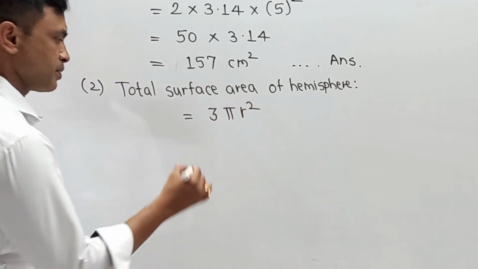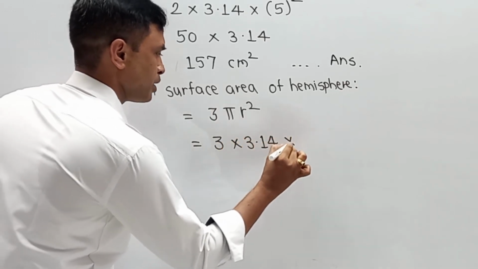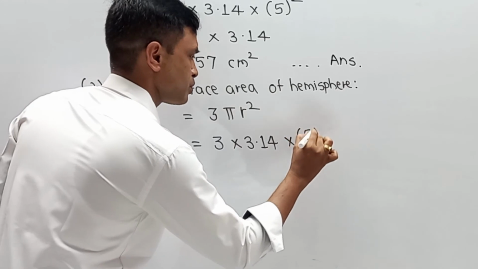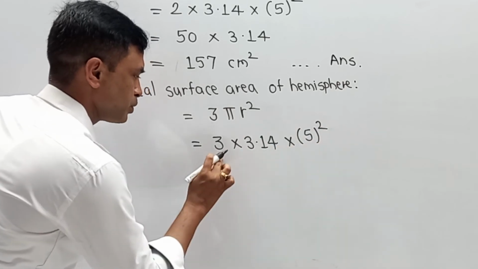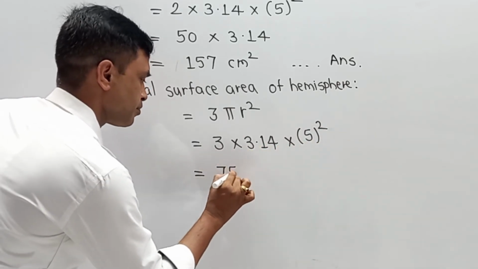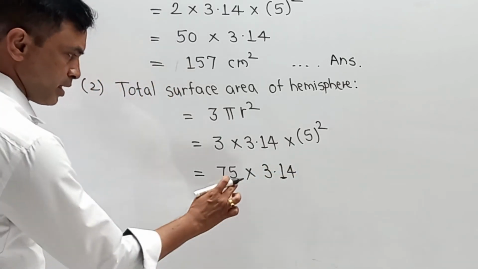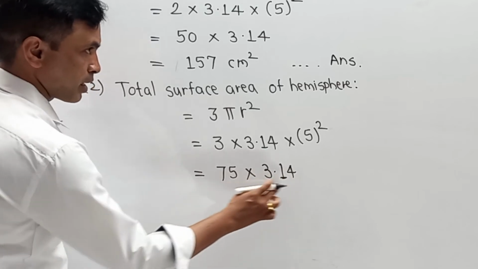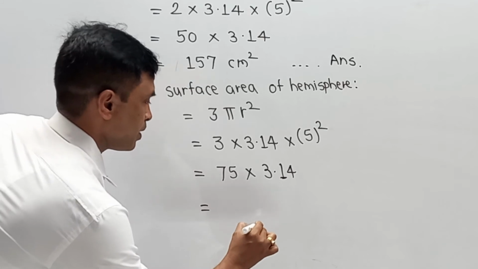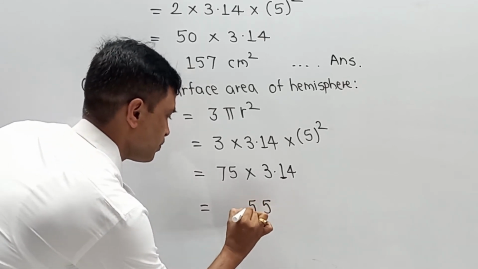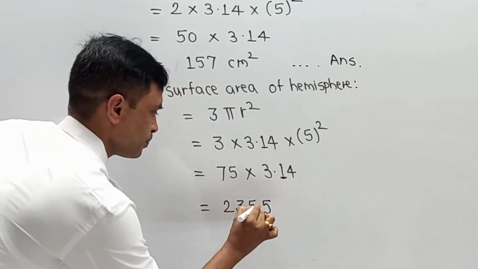Now simplification is 3, value of pi is 3.14 into r square, r is again 5, so 5 square. 5 square is 25, 25 into 3 means 75 into 3.14, and this calculation is 235.5, with 2 decimal places.